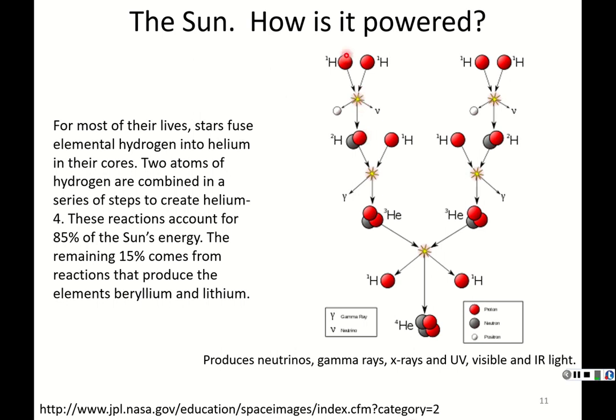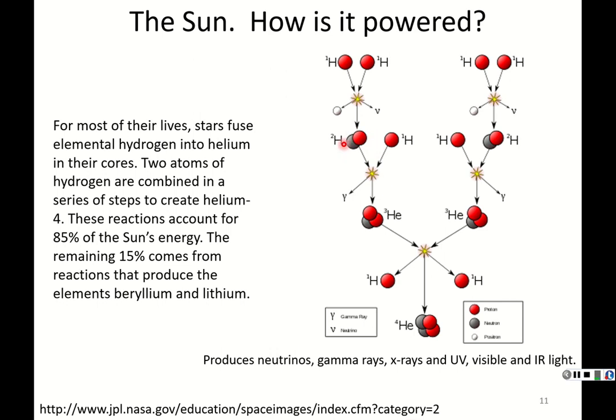When it does this, and you probably don't need to know this part, it produces a positron as the one proton is converted into a neutron. That's part of the nuclear reaction there.